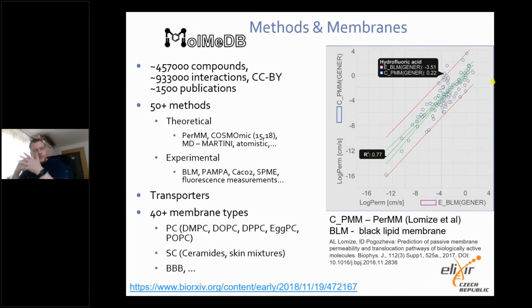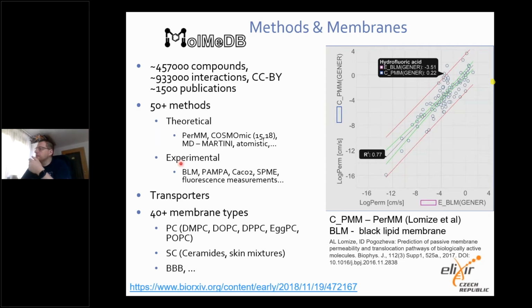So how many compounds and interactions do we have in the database? Currently, we have almost 500,000 compounds stored and approximately 1 million interactions that you can play with. They are all taken from approximately 1,500 publications, and we have approximately 50 different theoretical and experimental methods. We have also data for transporters, and approximately 40 plus membrane types.